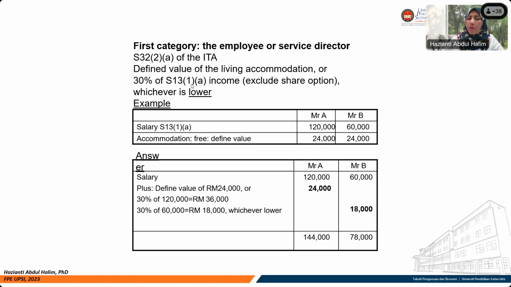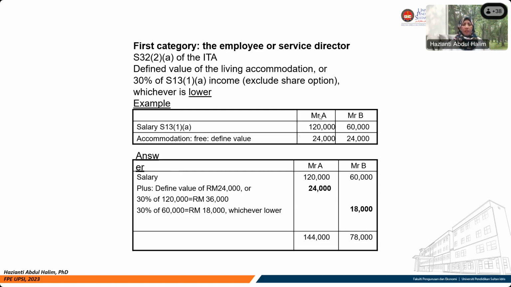You must remember your section 13(1)A, and in order to calculate the living accommodation benefit, you must exclude share option. The share option in section 13(1)A we will calculate later. So to calculate it you deduct the share option, and we take whichever of the defined value or the 30% is lower.